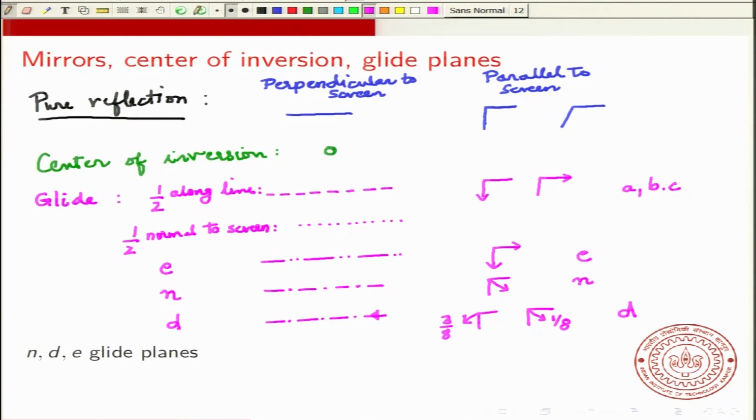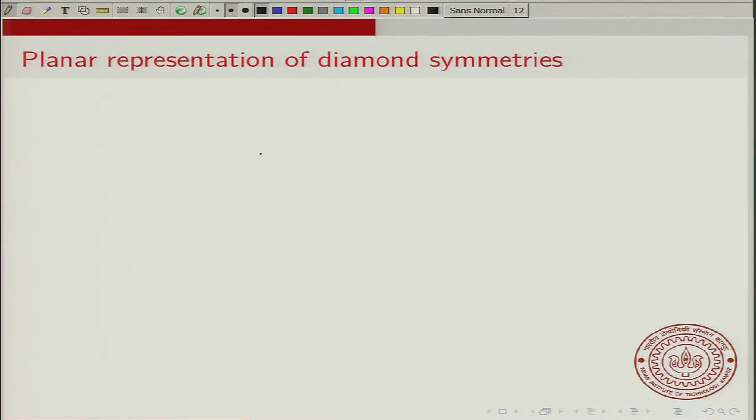When you show it in the plane, this is what it will look like. So these are the general ways in which all the symmetry elements are represented in various planar representations. Now we will talk about the planar representation of diamond symmetries.